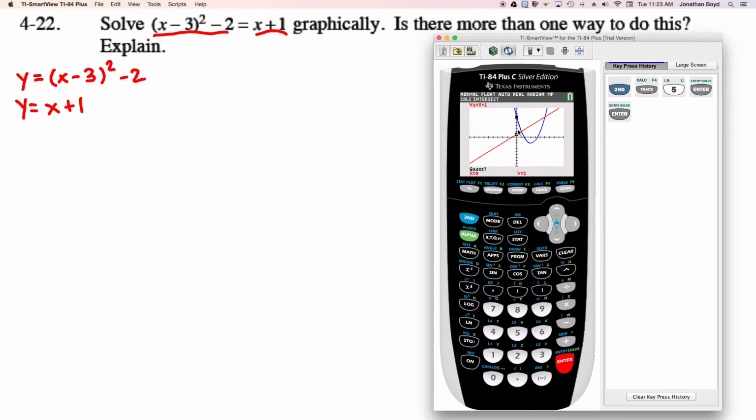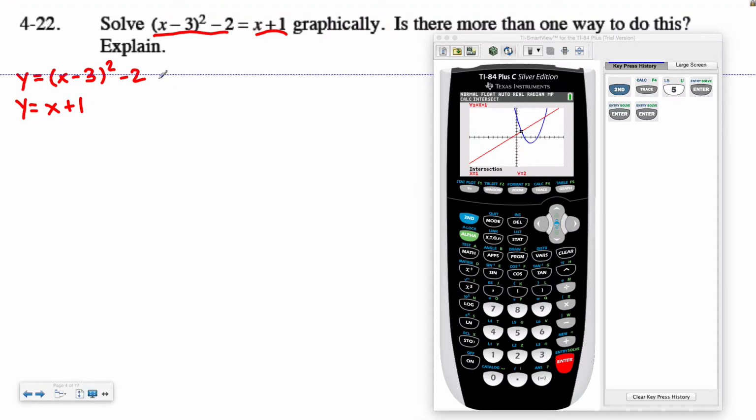It's going to find the intersection point that's closest to these two points that we've marked. So we press enter a third time, and you'll see that the intersection point it gives us is x equals 1 and y equals 2. I'll write down that the first point is 1, 2.